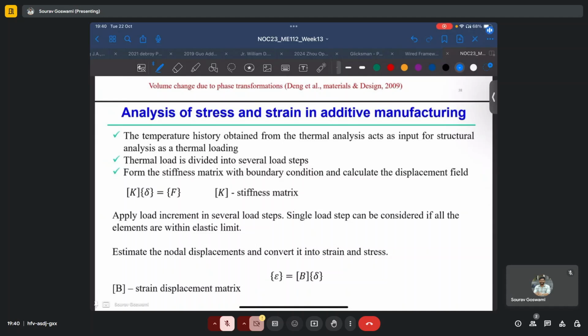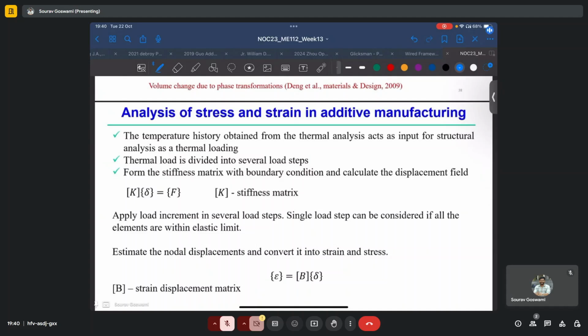Then the stiffness matrix with boundary conditions is formed and the displacement field is calculated. Typically, this is formulated in the form of K delta equals F. F is the force or the load, K is the stiffness matrix, and delta is the displacement.